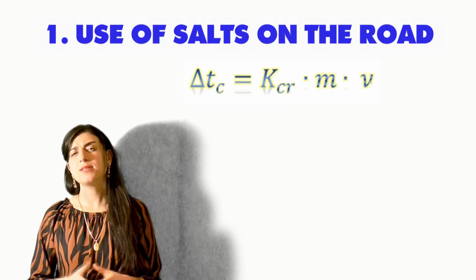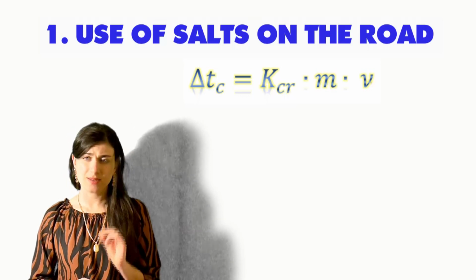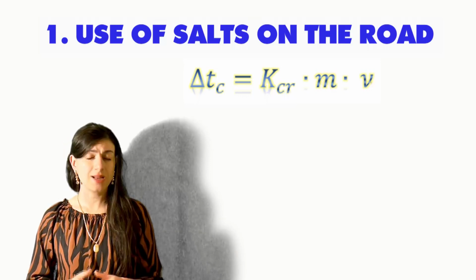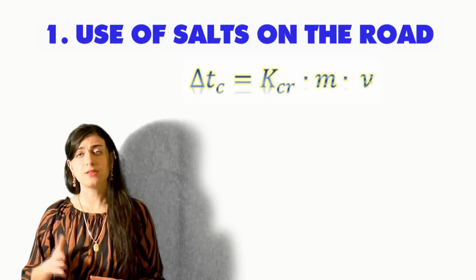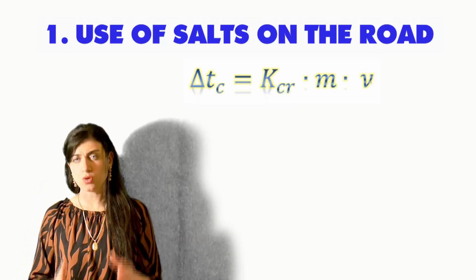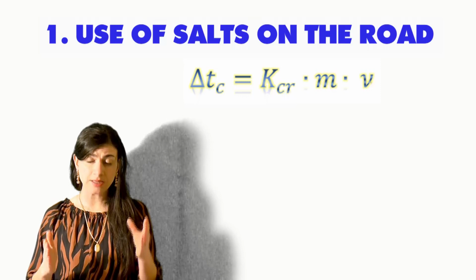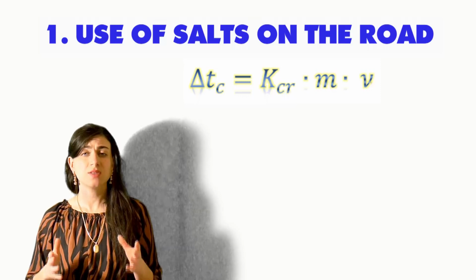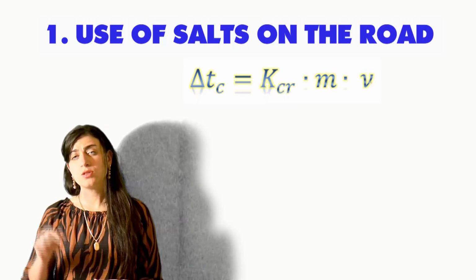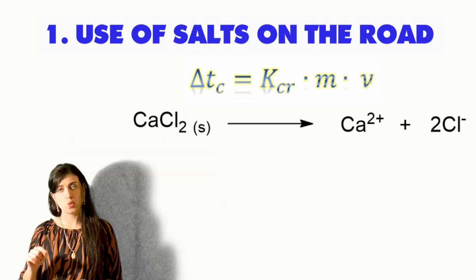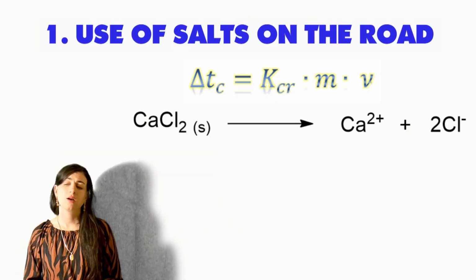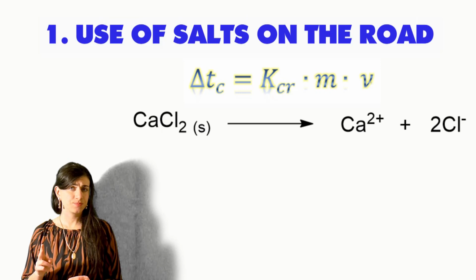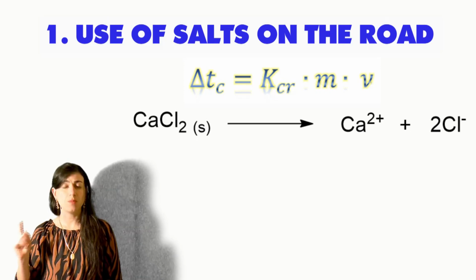Now, if we look at these equations, you will realize that if you compare NaCl and CaCl2, the most efficient salt for deicing is CaCl2. That's because in solution, CaCl2 will dissociate into Ca2+ and 2Cl-.